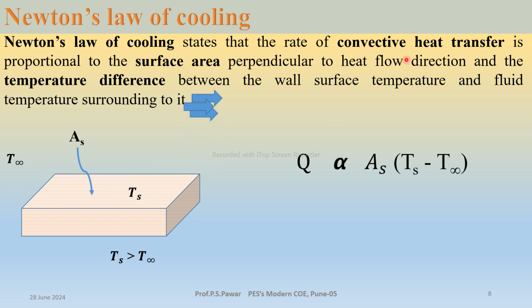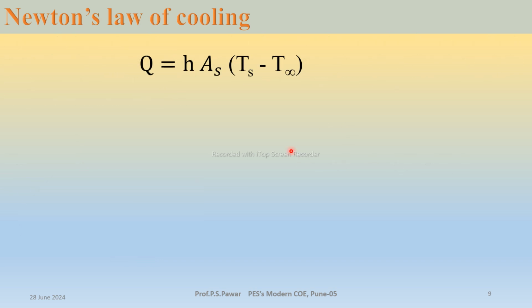So here you can observe Q is directly proportional to As, the surface area, and also directly proportional to temperature difference. So if the surface area is more, heat transfer by convection will be more. If the temperature difference, that is surface temperature and T infinity, is more, the heat transfer rate by convection will be more.